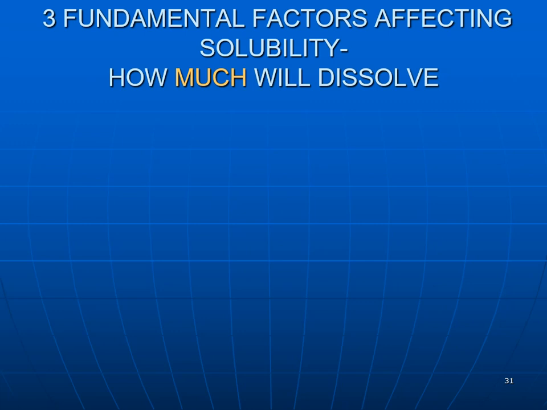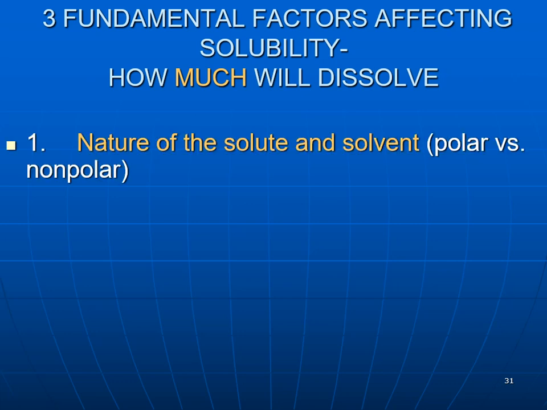So we have three fundamental factors that affect how much of something will dissolve. The first is the nature of the solute and solvent. Here we're talking about their characteristics of being polar versus nonpolar. Temperature is the second key factor.